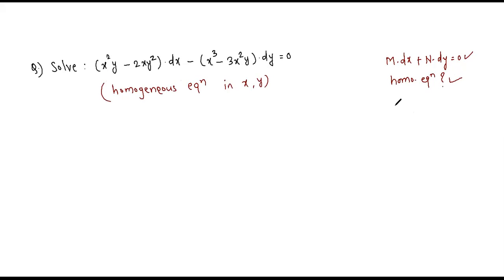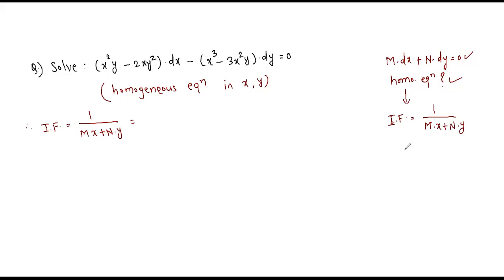So we know if these two conditions are satisfied, how will you find the integrating factor? The integrating factor is 1 upon m into x plus n into y. So let us find the integrating factor. Therefore integrating factor is equal to 1 upon mx plus ny.